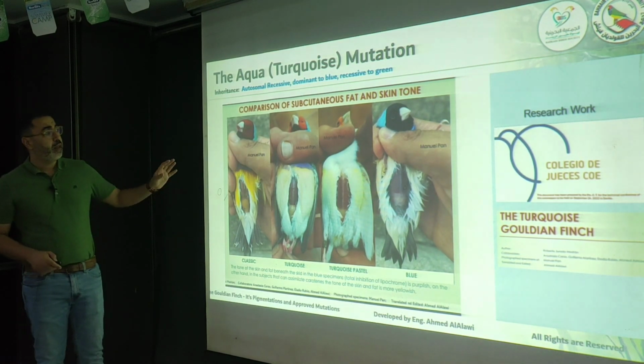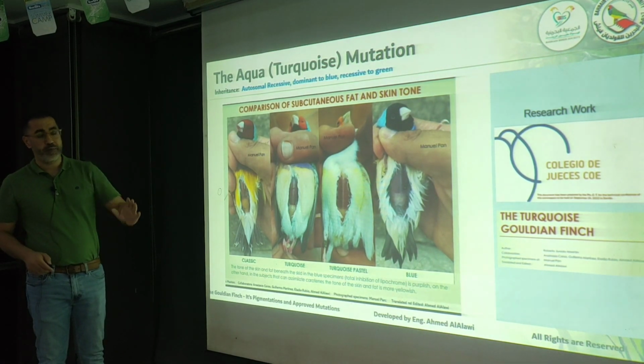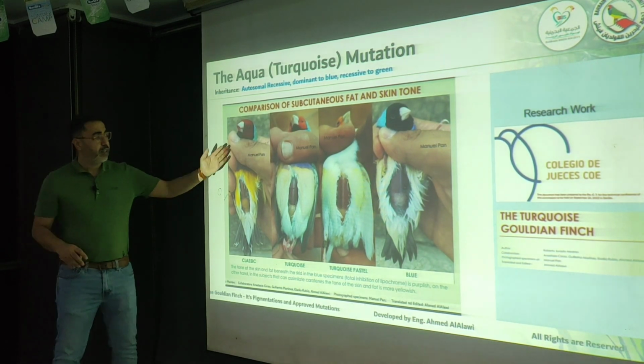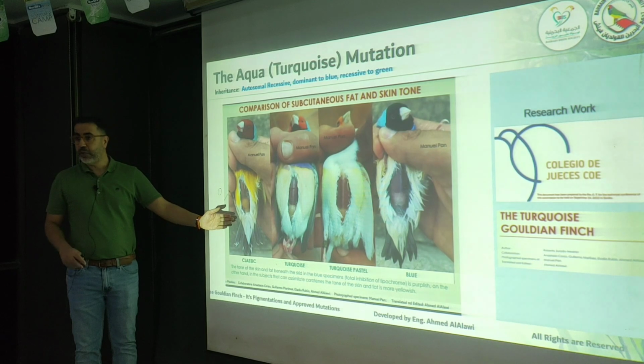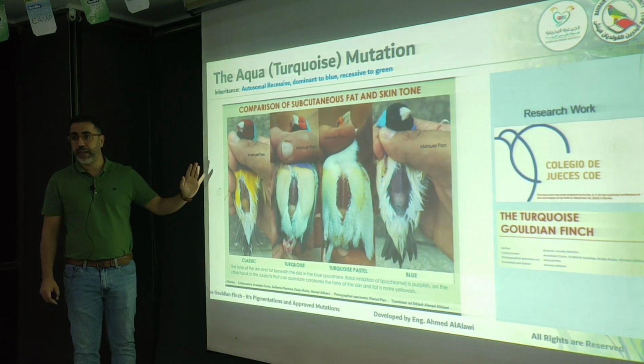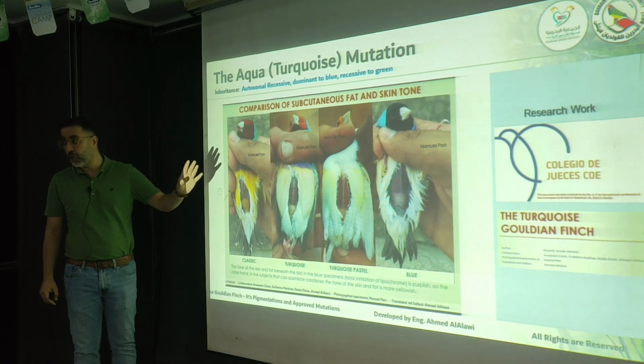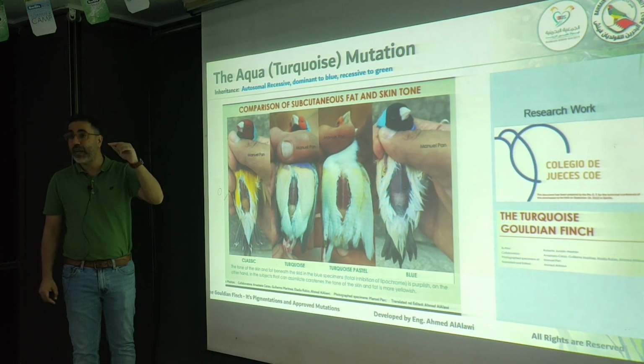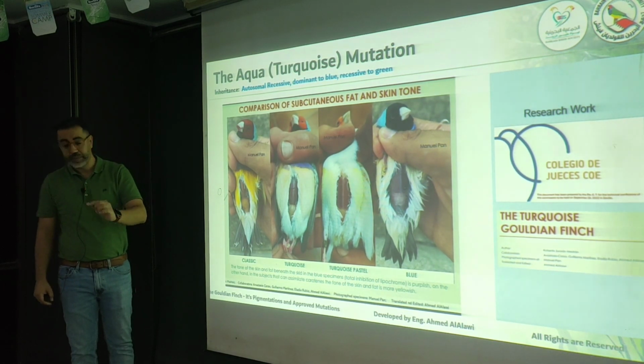Now, let's have a look very quickly, and there is no better way of simplifying the complex. To the left side, we have a classic bird, and in this pictorial we are trying to show you not just the belly feather color, but also the belly skin color and the belly fat color.